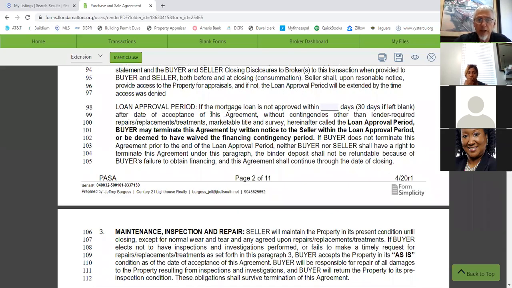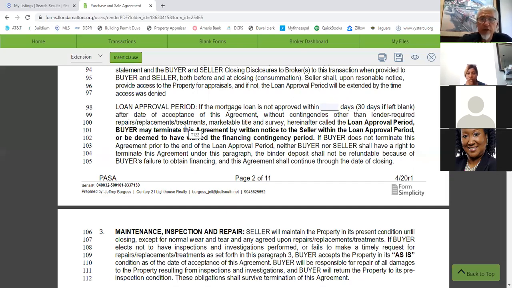Loan approval period. If the mortgage is not approved within 30 days, if left blank, after the date of acceptance of this agreement without contingencies or other required, and I used to be wrong about this, but if you get a conditional approval, you don't necessarily have loan approval, because if those conditions can't be met or are not met, then they will not approve.